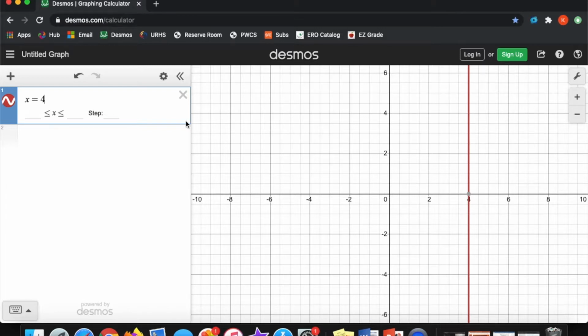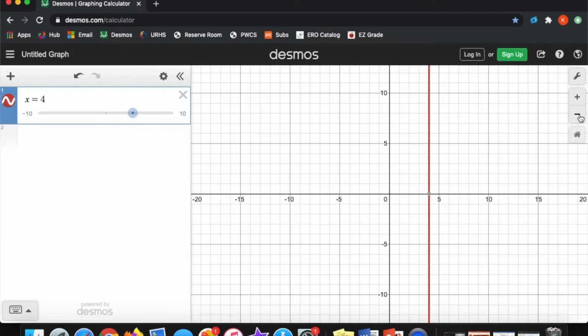They don't necessarily have the same y equals mx plus b form with the equations, but what I want you to notice about this one is the equation is x equals 4, and when the equation is x equals a number, notice that this red line only touches the x-axis. It never crosses over the y-axis.